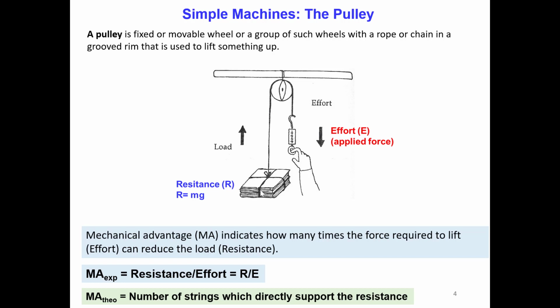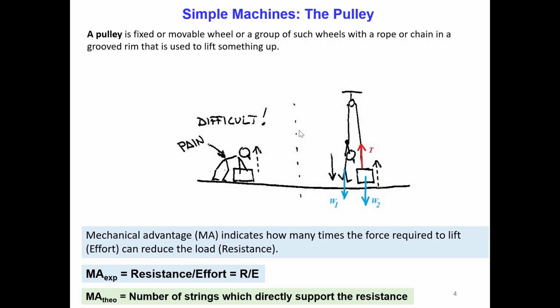You need to lift this object up, but instead of lifting the object, you just pull. If you use this simple machine, you have to pull down. And sometimes it's better to pull than to lift something up. So remember, simple machines can reduce the effort we need to apply, but can also change the direction of the force.